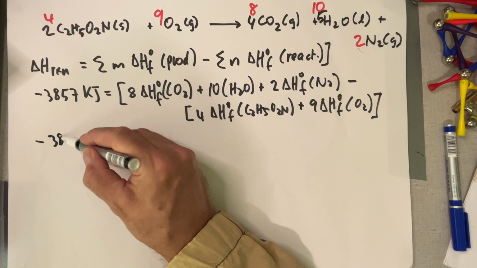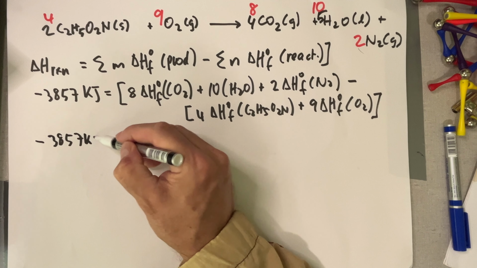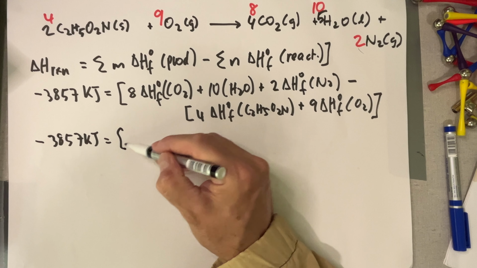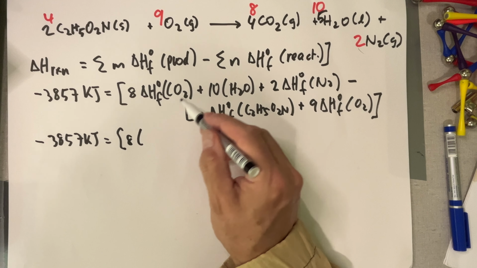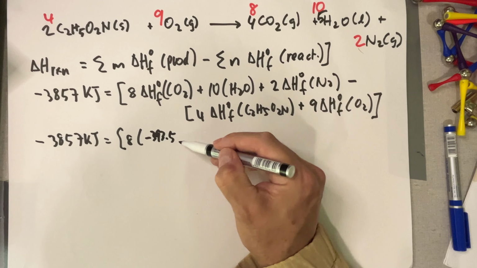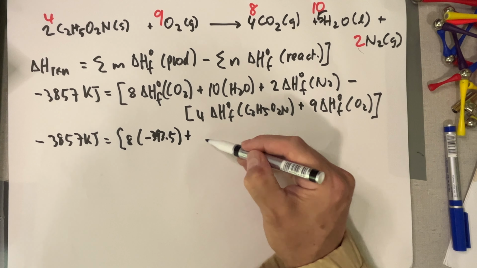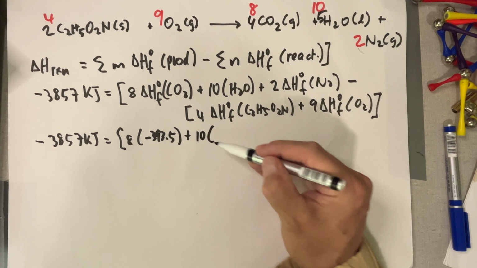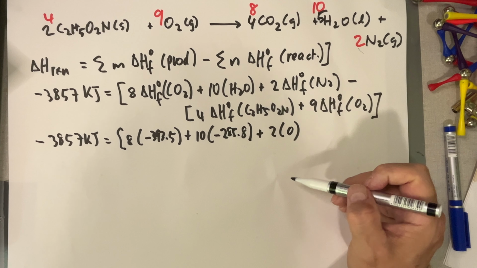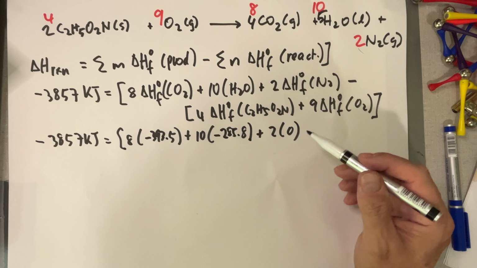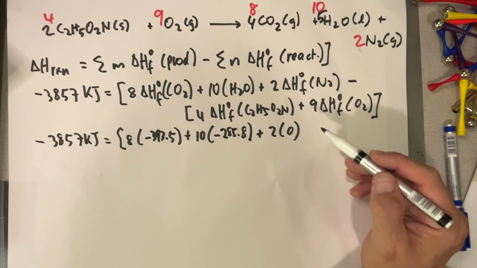So we have times 8. This value was given, negative 393.5, plus 10 times the formation enthalpy for the water in the liquid phase was given, negative 285.8, plus 2 times 0, right? The 0, because the nitrogen in the gas phase is 0.